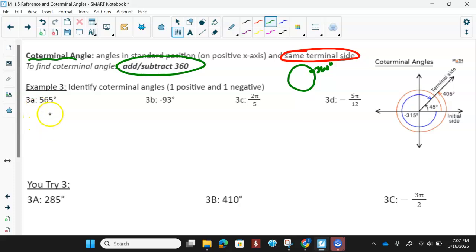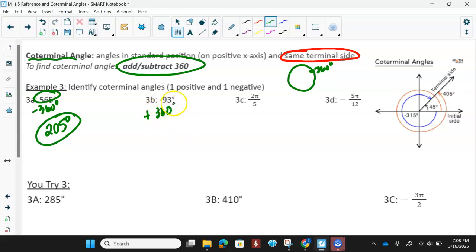So what could be a coterminal angle? Well, I could subtract 360 here, so a coterminal angle would be 205 degrees. That means that 565 and 205 degrees are in the same position. Here, if I had negative 93 degrees, I could add 360.